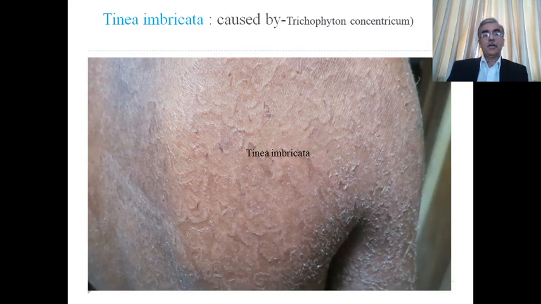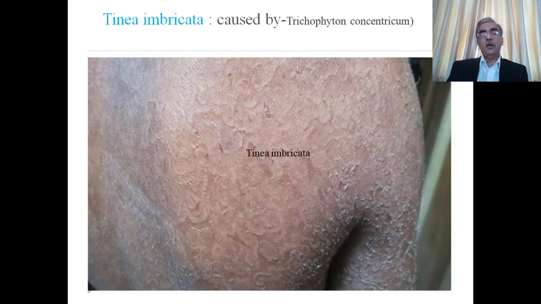Then in another picture, another type of clinical variant of tinea corporis is tinea imbricata, which is caused by Trichophyton concentricum. We can see multiple concentric rings in this picture, which is typical of tinea imbricata.